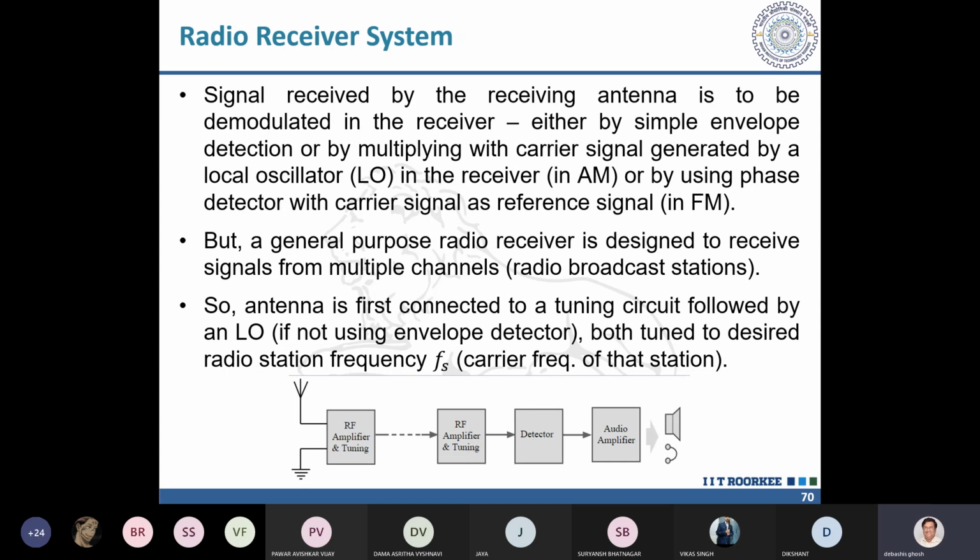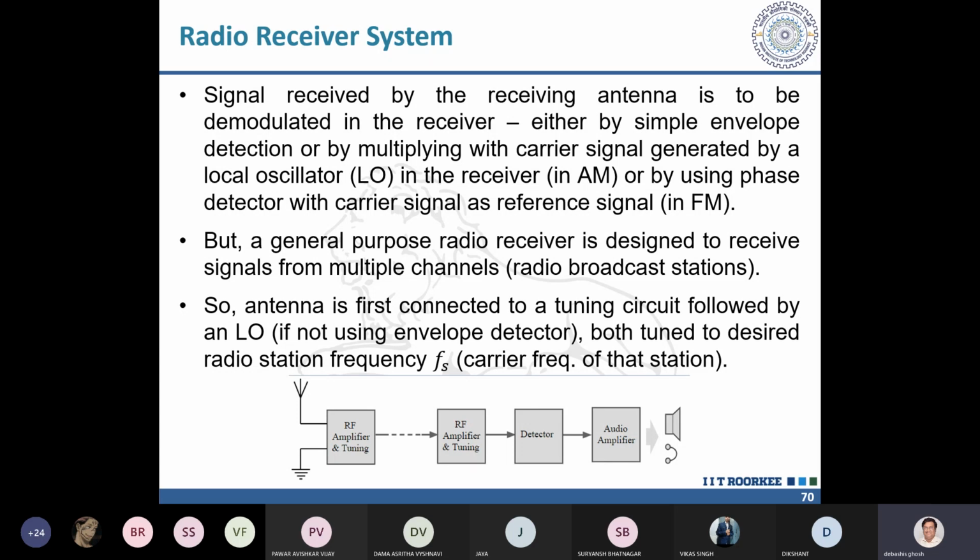Now your antenna, which is there in the air, will catch all the signals from all the channels, whichever channel signal is present there. But now I have to make a selection. Okay, I have to make a selection.